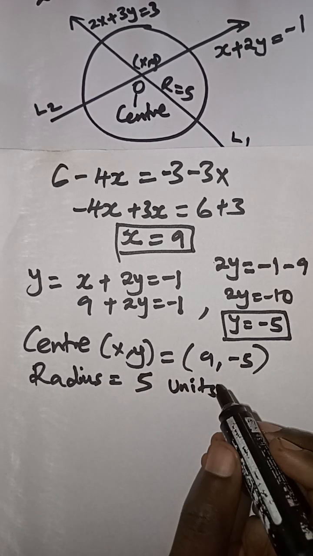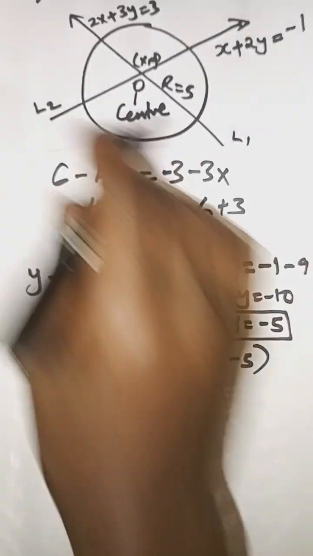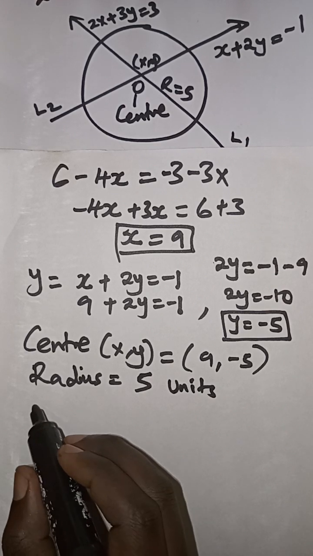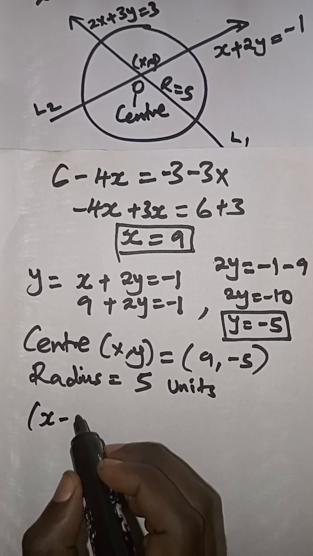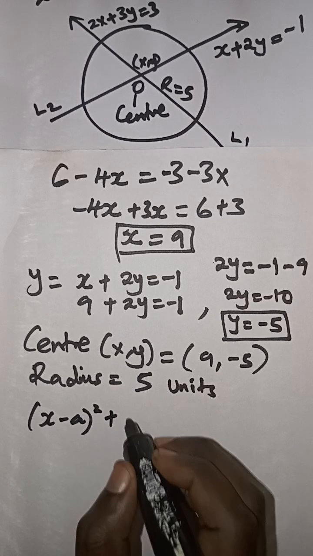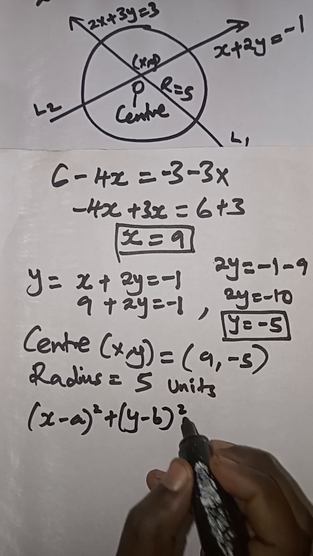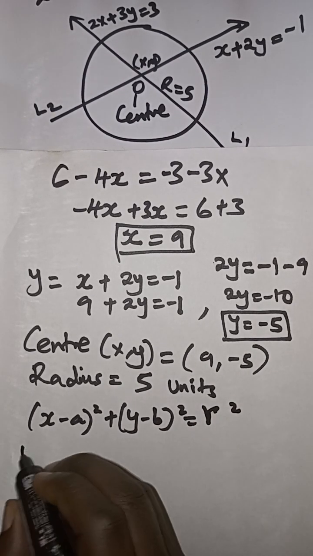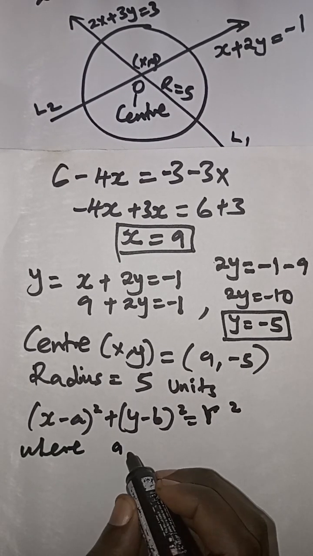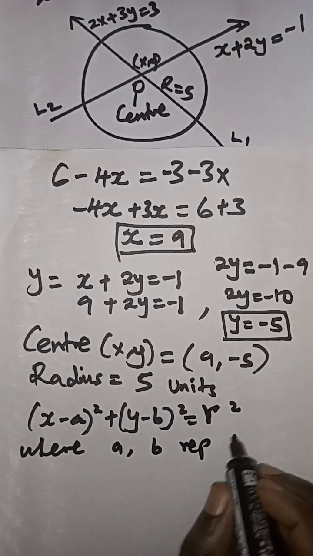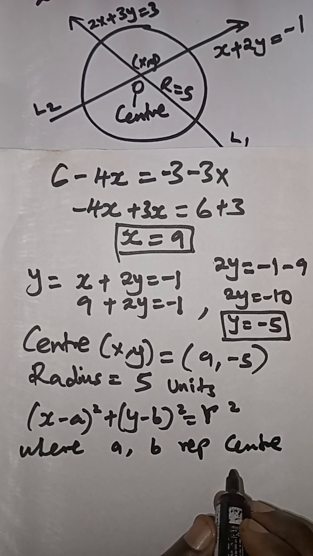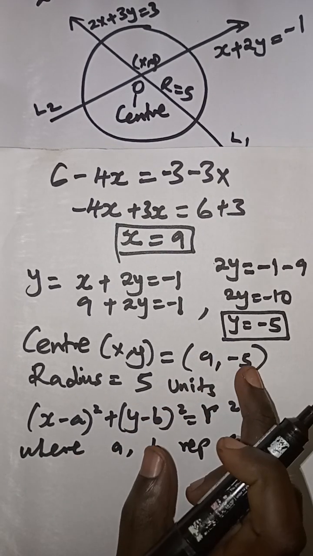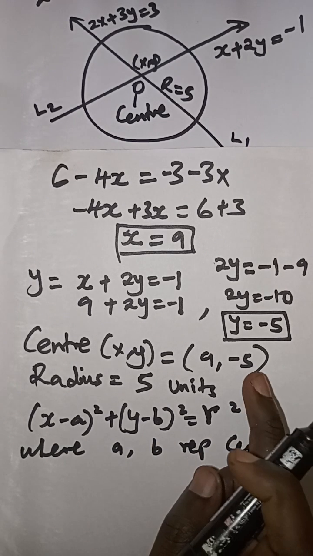So for us to have the equation of this particular circle, I'll use the general equation of the circle: (x minus a) squared plus (y minus b) squared equals r squared, where a and b represent our center. For our case, a is 9 and b is -5.